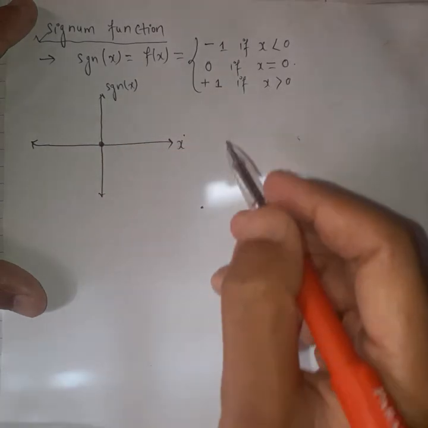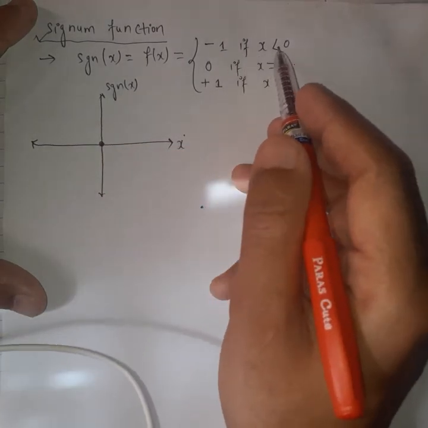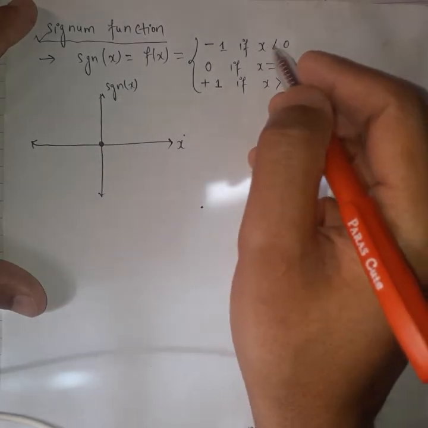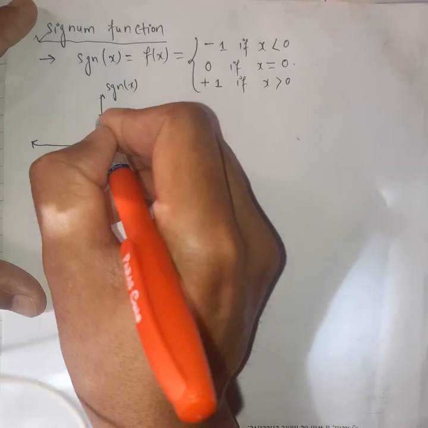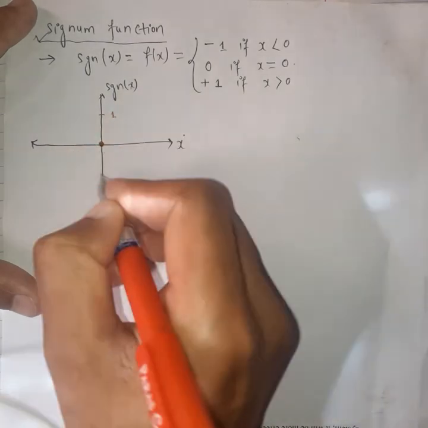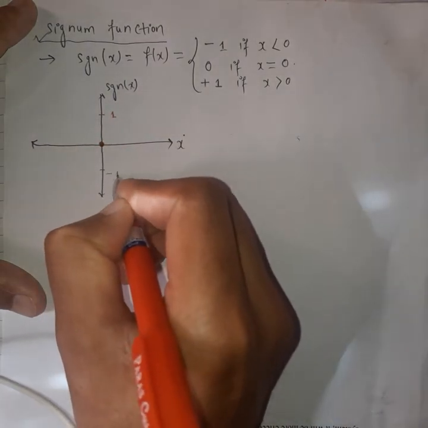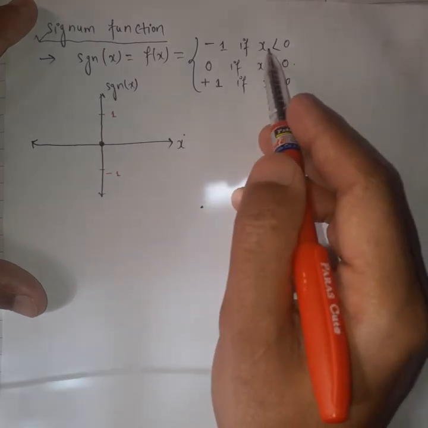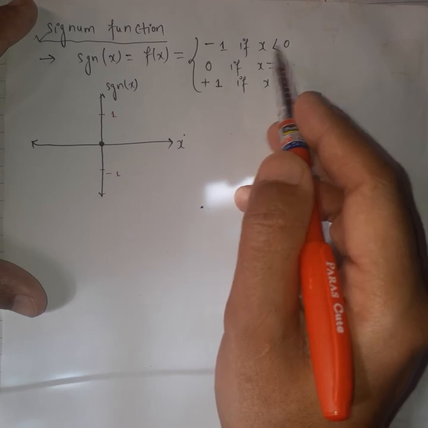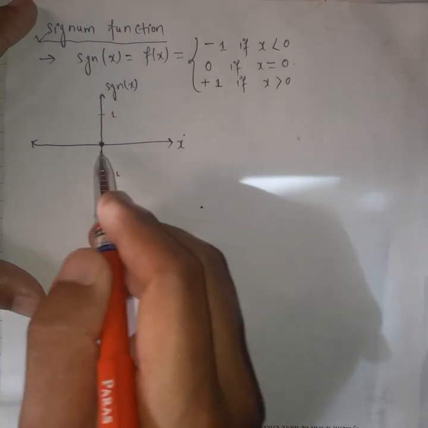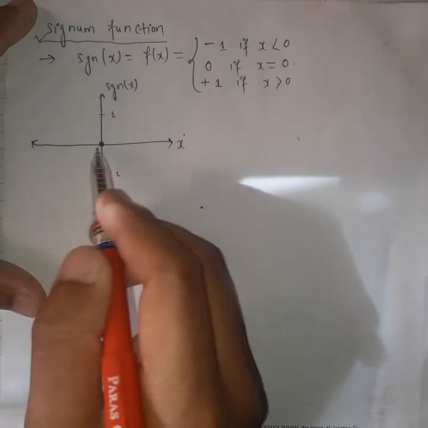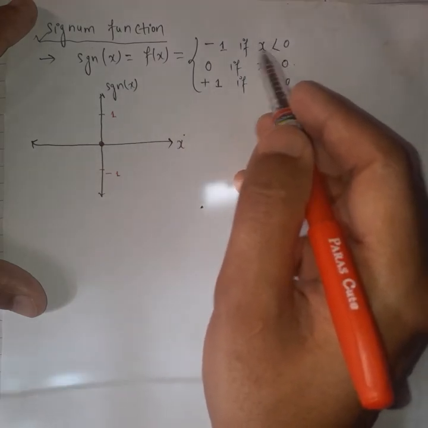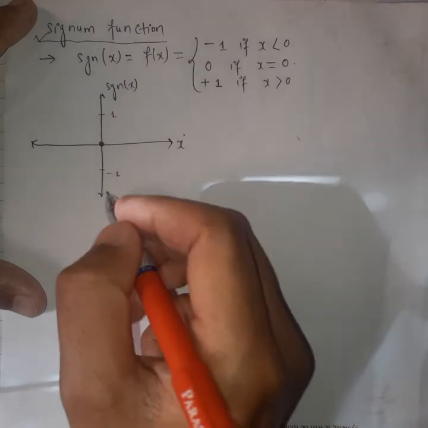This point. And when the value of x is less than 0, this means negative inputs, let's suppose here is +1 and here is -1. When x is less than 0, meaning the left part of the origin, the output will be -1.